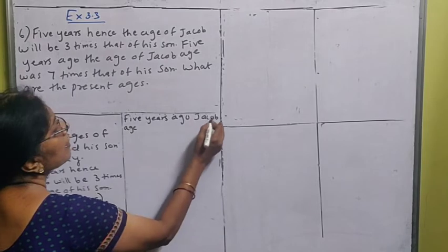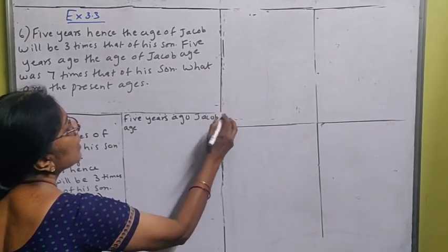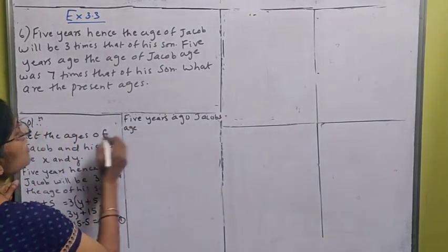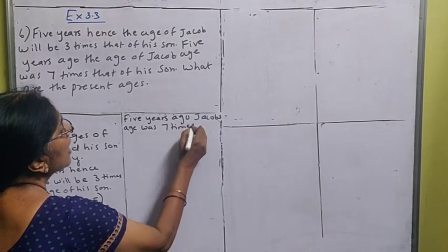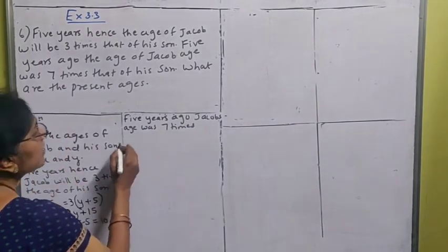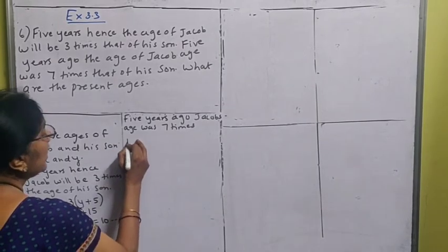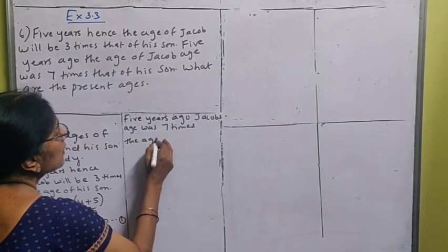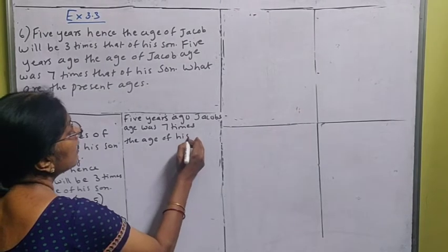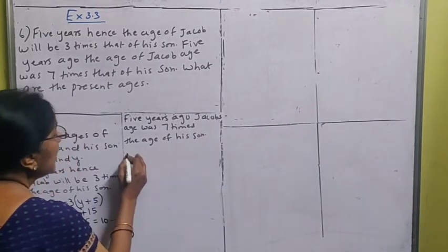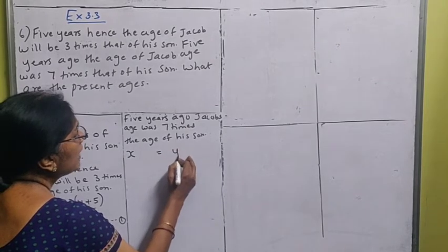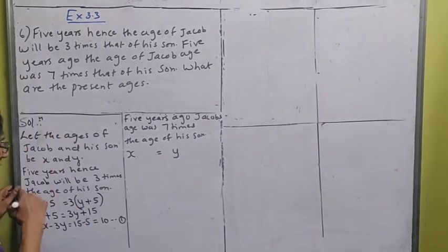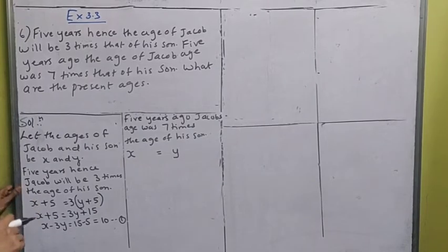Jacob's age was 7 times the age of his son. So again we write it down. x is for Jacob, and y is for the son, 5 years ago.